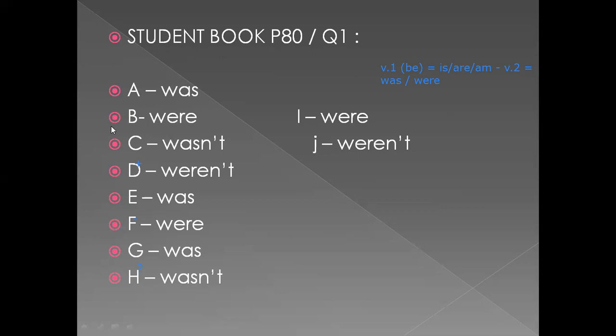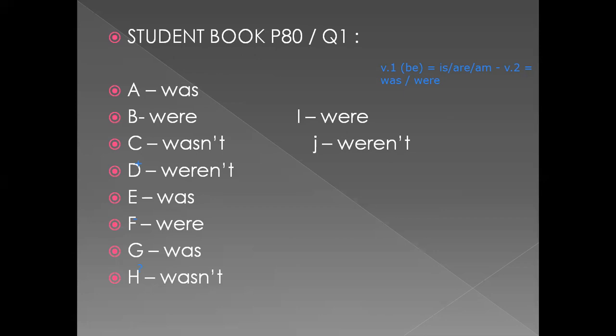In sentence B, we have they, and they in the affirmative sentence takes were. Let's move to the second box, the negative form of past simple of be. In sentence C, he, she, and it takes wasn't in the negative form, and in D, they takes weren't in the negative form.